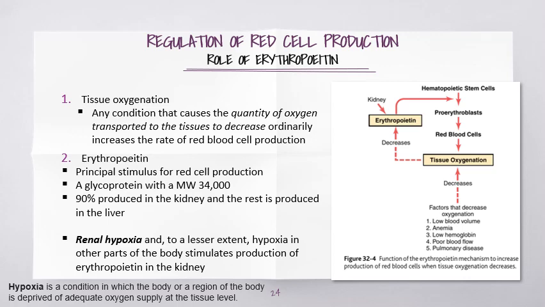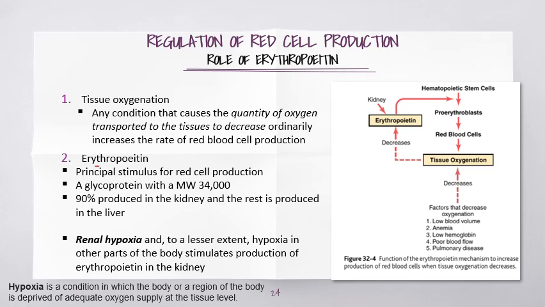When a person becomes extremely anemic as a result of any condition, if the bone marrow is still okay, it will produce large quantities of red cells. So from that statement, the principal stimulus of red cell production in a low oxygen state is the circulating hormone called erythropoietin.